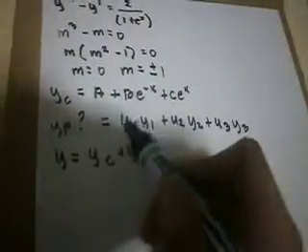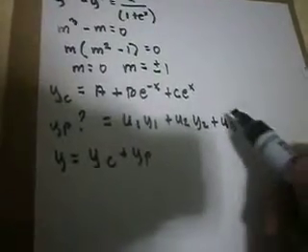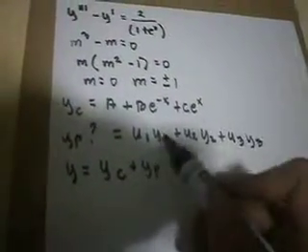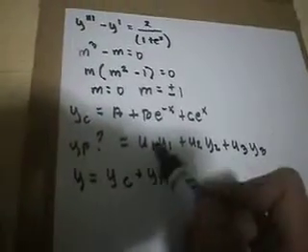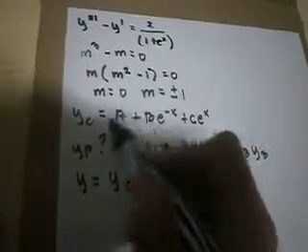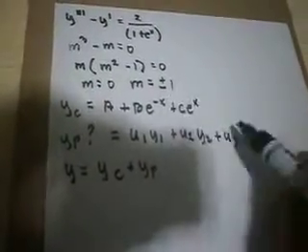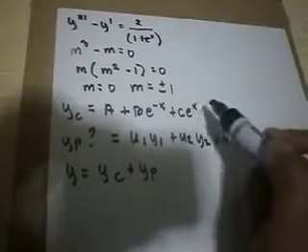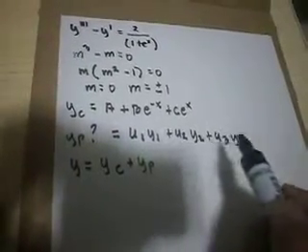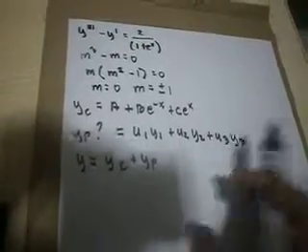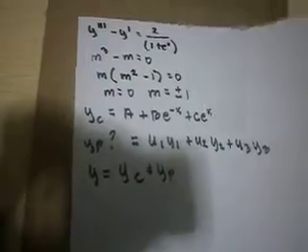We need to find the values of u1, u2 and u3, but our y1, y2 and y3 are already known. y1 is just equal to a, y2 is equal to e to the negative x, and y3 is equal to e to the x. So we need to find u1, u2 and u3. We are now solving by variation of parameters.